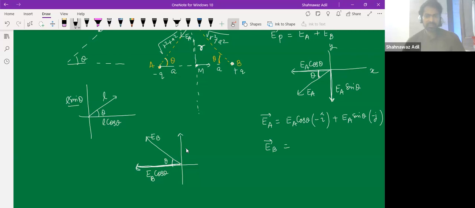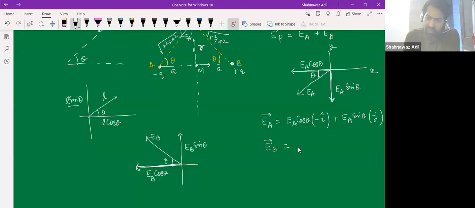What is this part? Yes, sir. What is this part? Vertical part. Oh, sir, that's sine theta. EB sine theta. Good. So now we have got the vertical component and horizontal component.